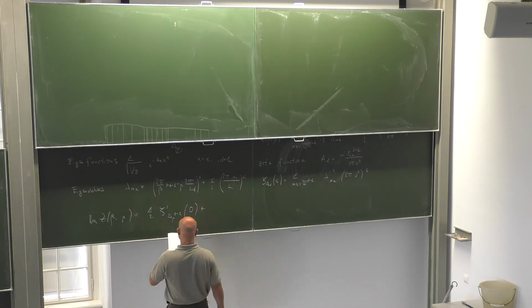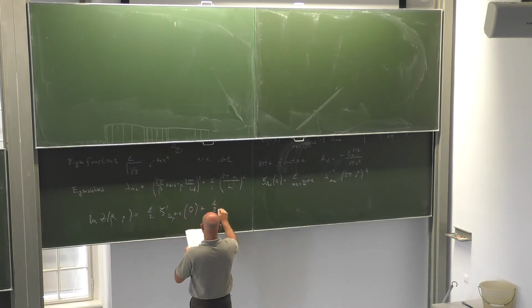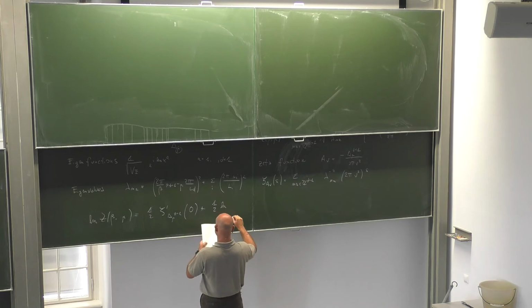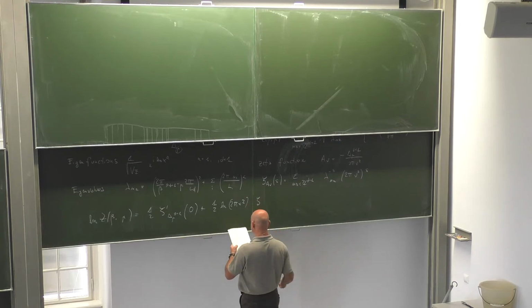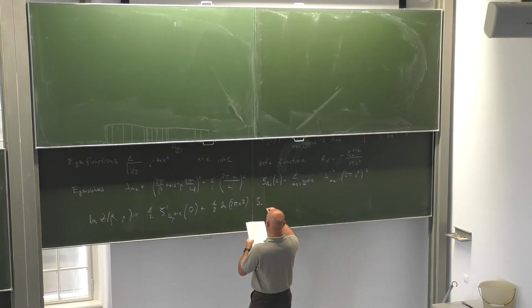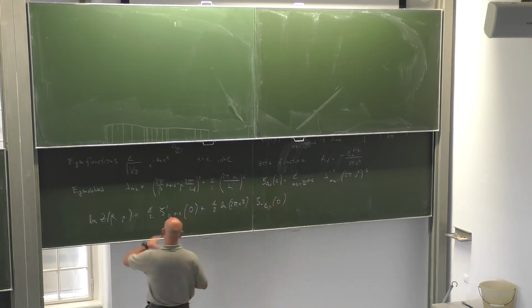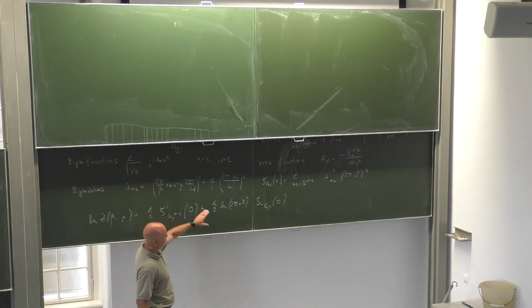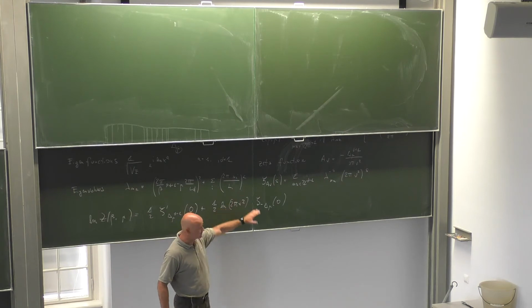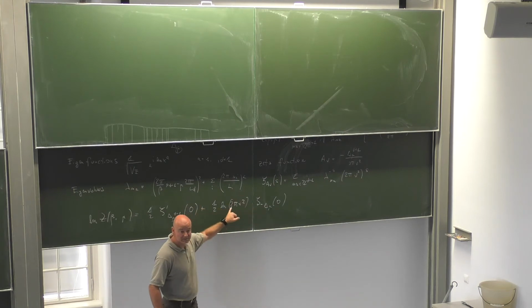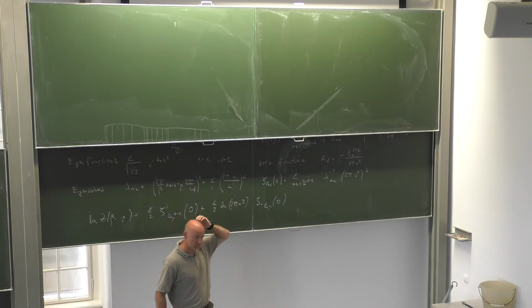And then you have to check if zeta at 0 is 0 in order for the result not to depend on the regularization that you have chosen. So that's the formula. Usually you only give this part, but somehow you also have to check that zeta of 0 is 0 so that it doesn't depend on the regularization.